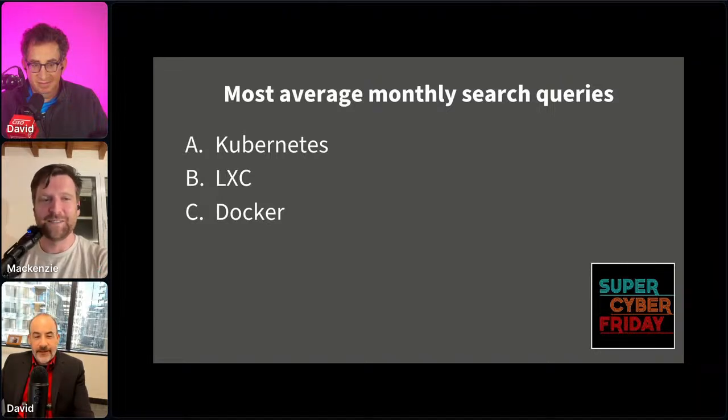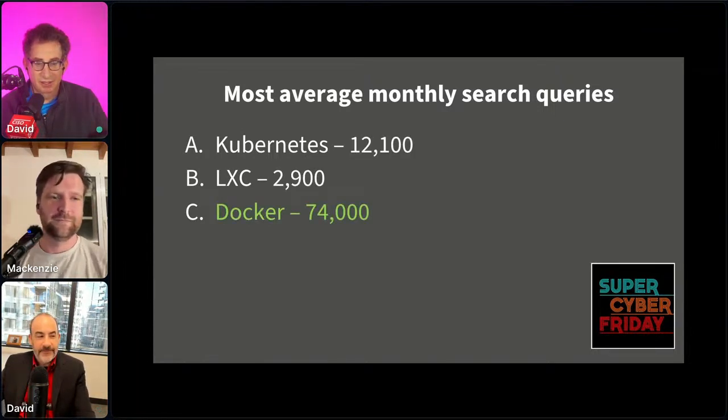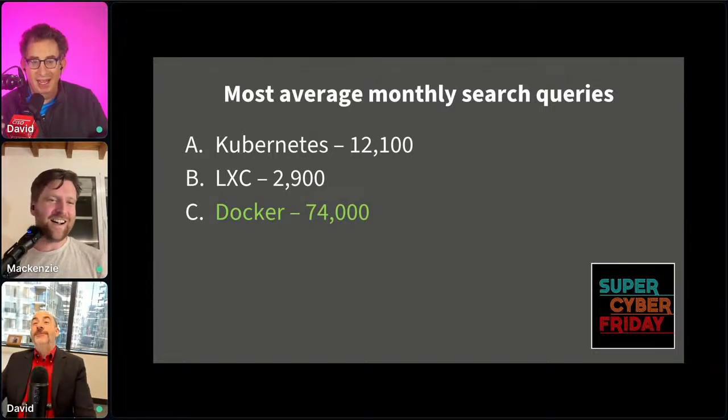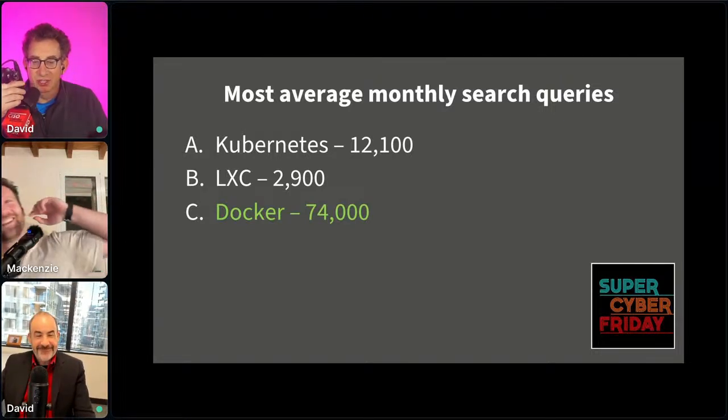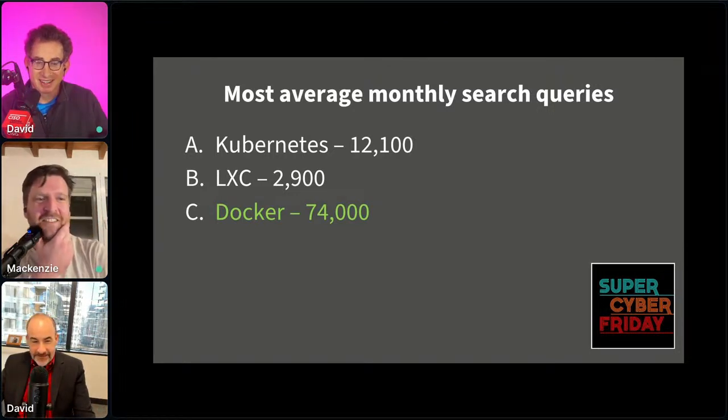I'm going to go with Kubernetes as well. I think that's kind of become the de facto standard for containers. The correct answer is Docker by a wide margin. Well, your chance to go 4 for 4 is now out the window. Last time I played this I was 1 for 4, so I just want to beat that.